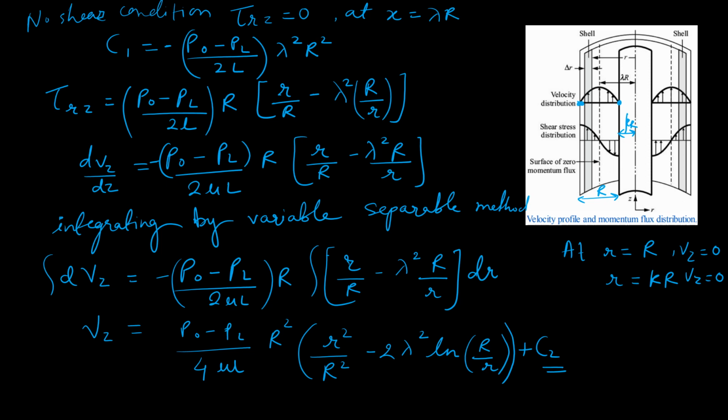Now putting these values, I got C2 equals minus 1, and λ² equals (1 minus k²)/(2 ln(1/k)), with a minus sign.